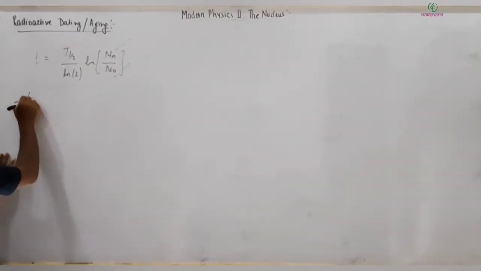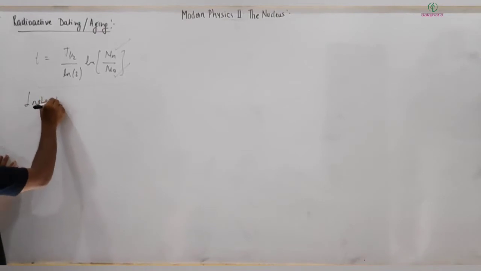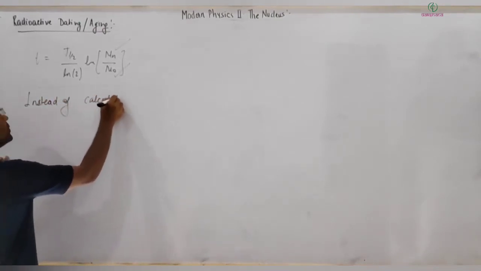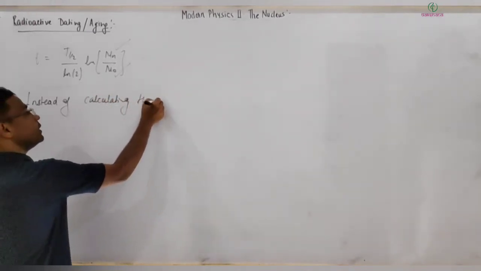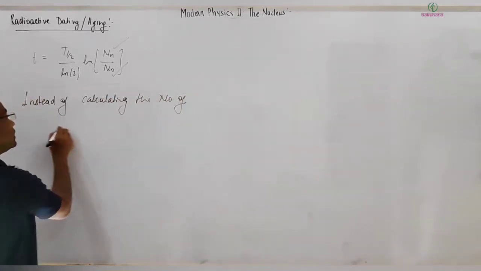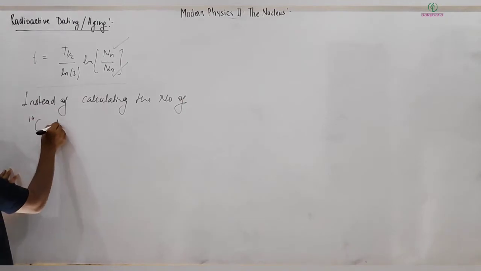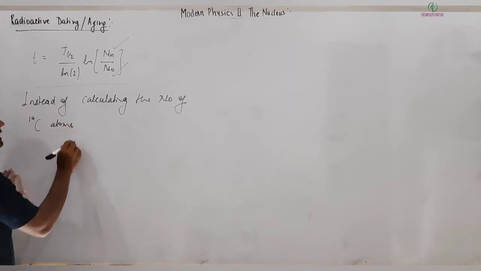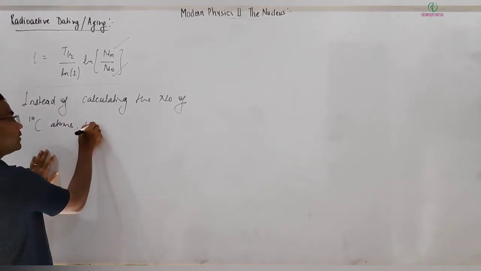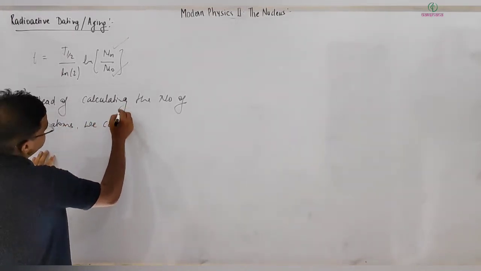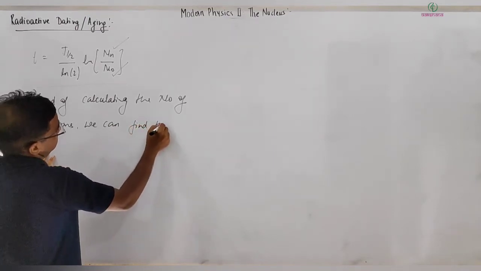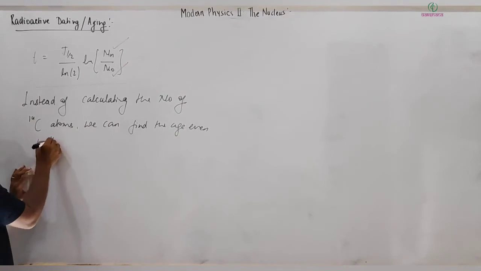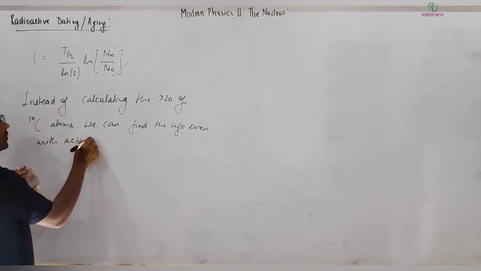So instead of calculating the number of carbon-14 atoms, because it's not easy, we can find the age even with activity.